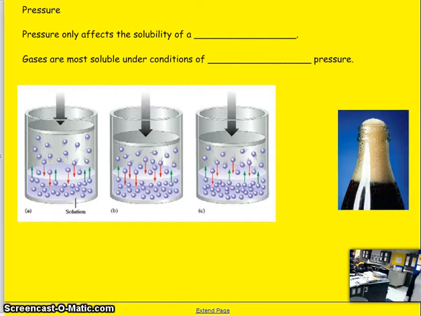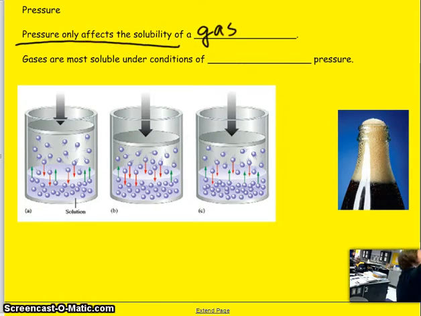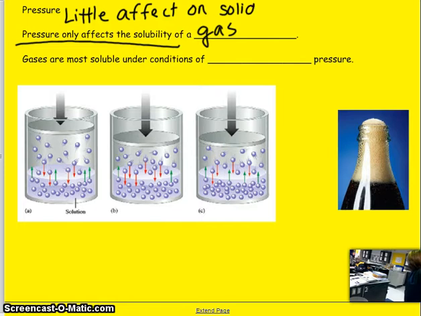Another factor that affects solubility is pressure, but pressure only affects the solubility of a gas. It has little effect on a substance in either the solid or aqueous, or liquid, phases.